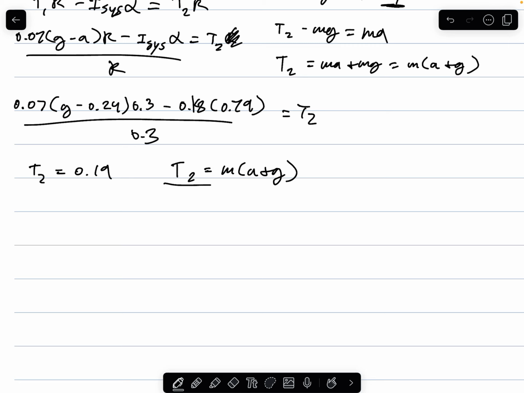But I know T2 equals m times a plus g, so I divide by a plus g to get the mass.